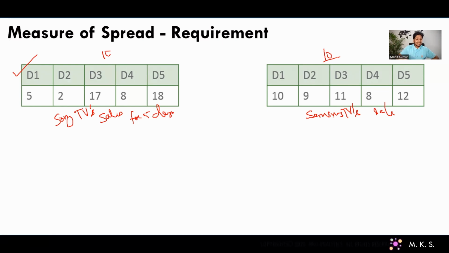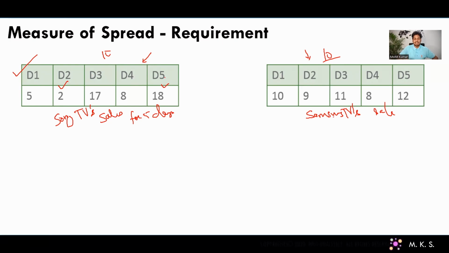But if you look at the data, do you think these two are very similar data sets? Definitely not, right? Here, the values are very close to the mean in this particular case. But in this particular case, the values are very far from the mean, right? So if you look at the extreme values, minimum is 2 and the maximum is 80. Those two values are quite far from the mean, right?